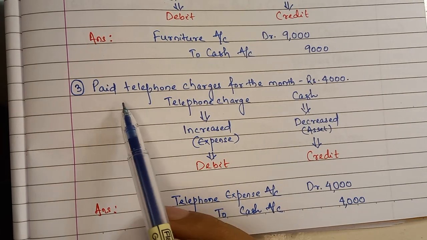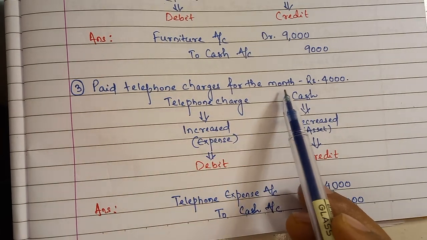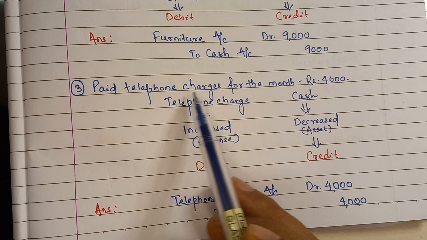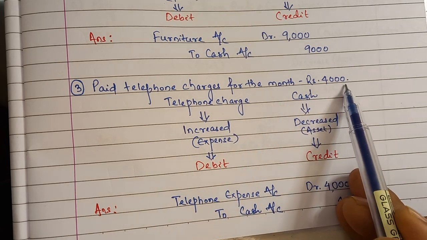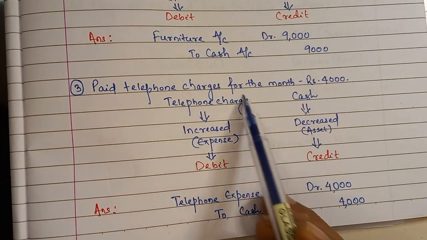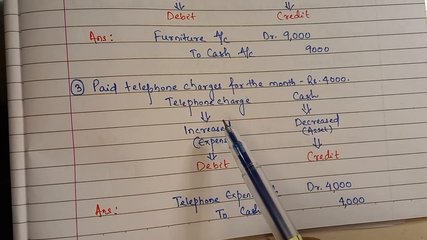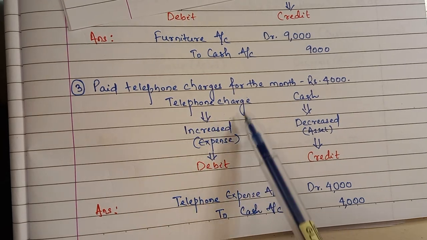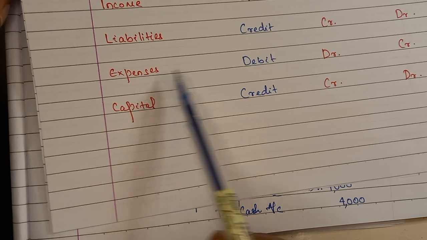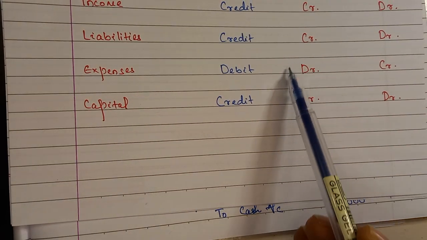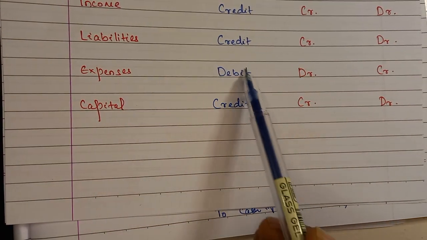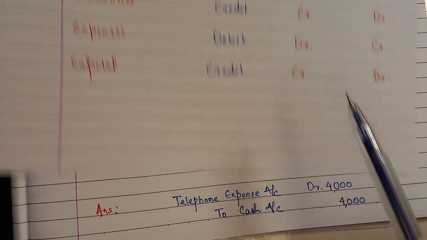Next, pay telephone charges for the month rupees 4,000. Now here telephone charges is an expense for the company, right? And is that expense increasing or decreasing? It is increasing. So an expense increase is always debit. Expense is a debit balance and any increase is always debit.